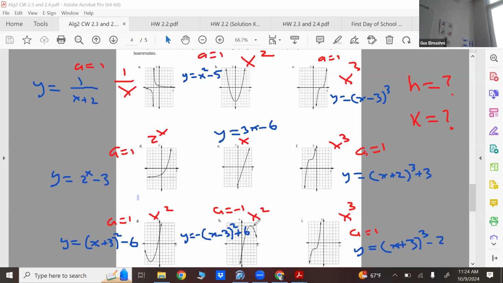How far down? 1, 2, 3. I don't know. y equals (x plus 3) squared minus 6. 3 left, 6 down. Okay, that should be x squared minus. You can do this on your own.